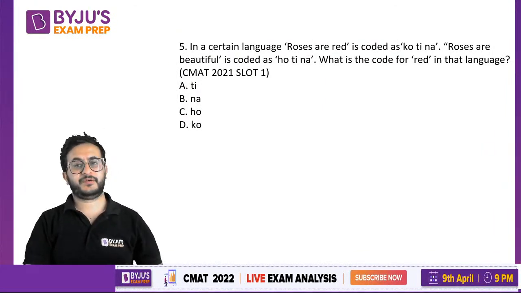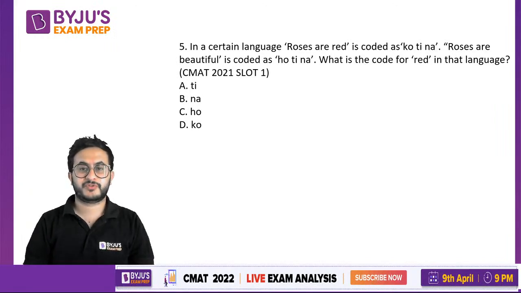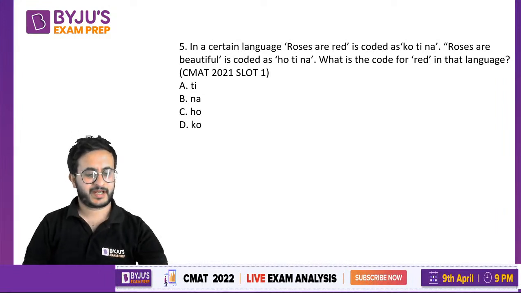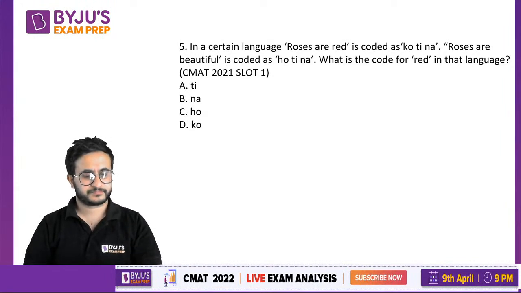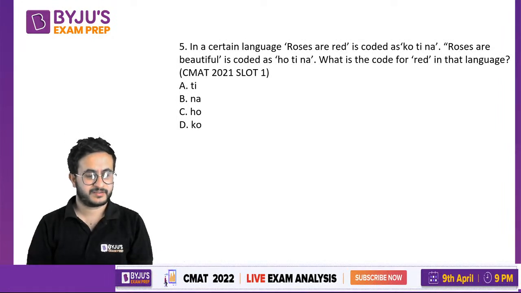In a certain language, roses are red is coded as this. Roses are beautiful is coded as this. What is the code for red in that language? Now these are actual questions that give you the idea that there are some questions which are as easy as this.